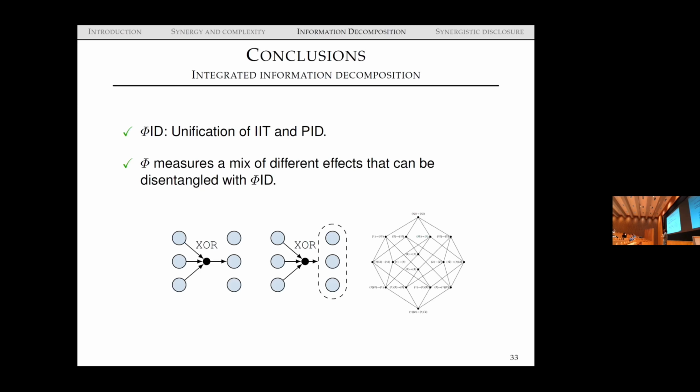But if you're just interested in looking at the system and seeing what's going on, or finding reasonable measures to describe interactions between parts of the system, then I think this multidimensional approach is much more fruitful than just having a scalar number. Does that make sense? Yep.